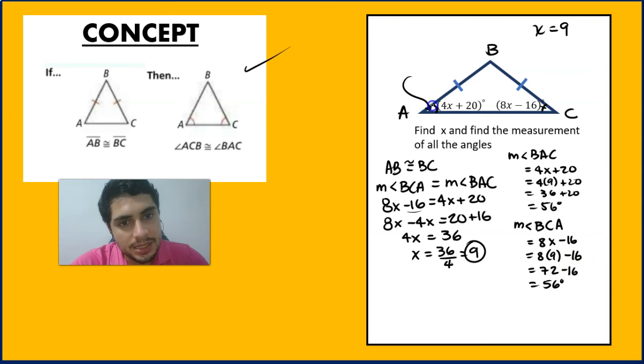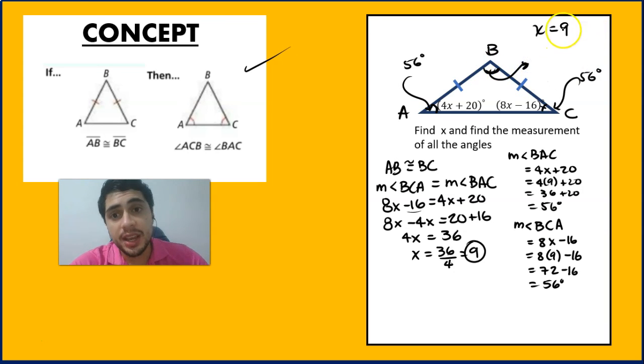Now we know that this angle is 56 degrees. And we also know that this angle is also 56 degrees. Sorry. So how can we find this angle right here? Now, because of the triangle angle sum theorem, we know that the measurement of the three angles is going to be 180.